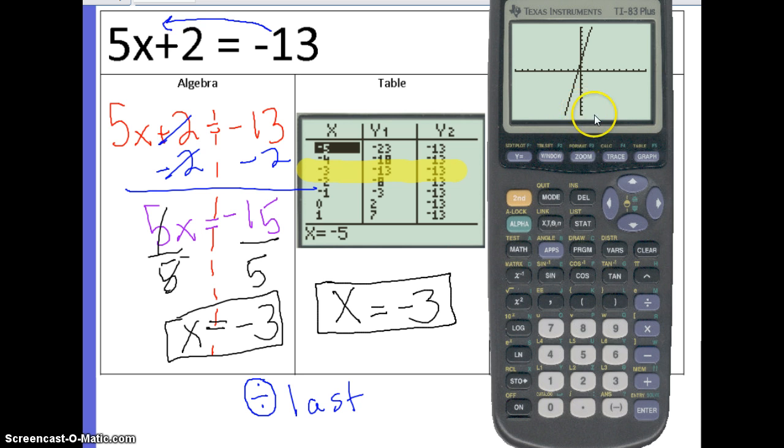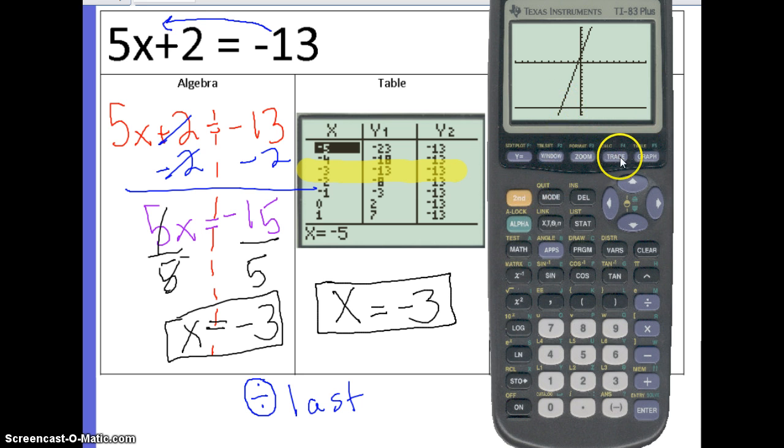The intersect is going to be way down here, and it only goes down to negative 10, so I need to change the range. So which one of these am I going to change for the y-axis? I want it to go down to negative 15. Looks like this one. So let's go down to negative 15. That should see it. Okay, now when I push the graph, this is negative 13 here, 14, 15, and so I can see the intersect.